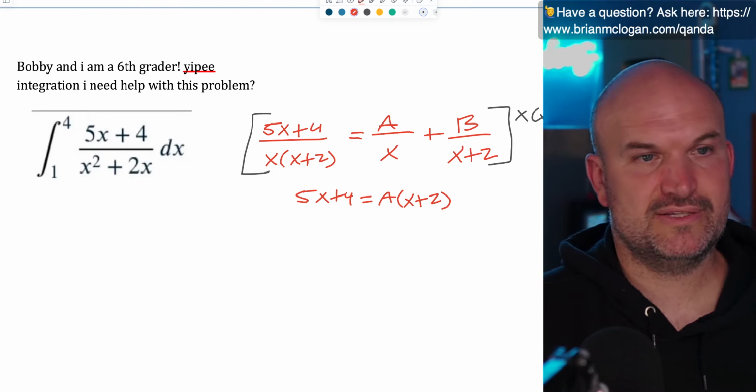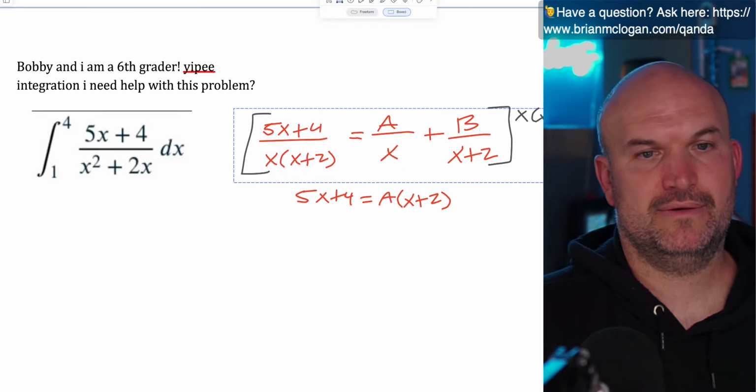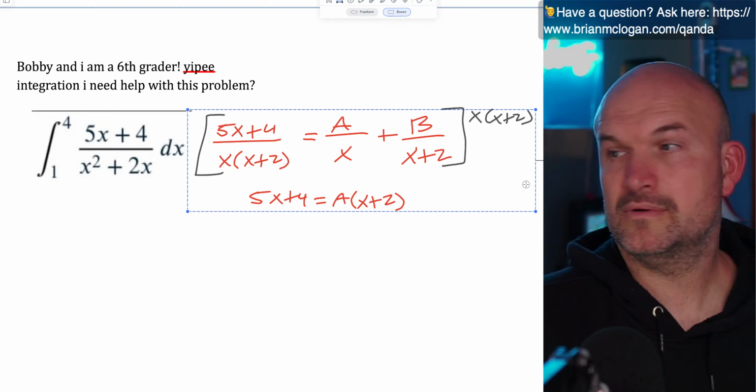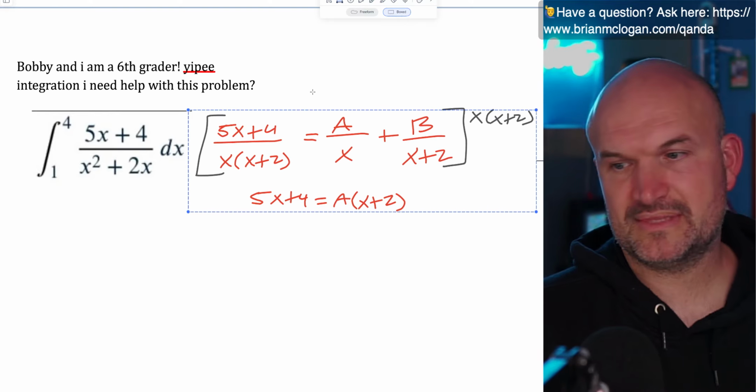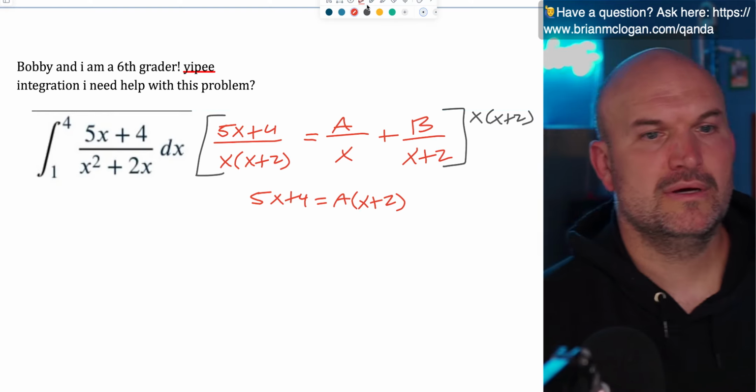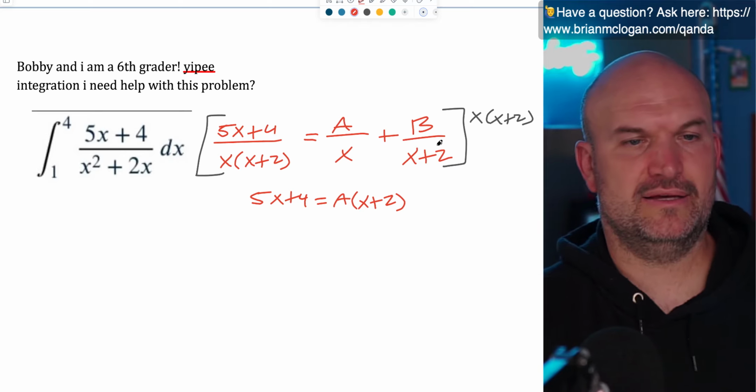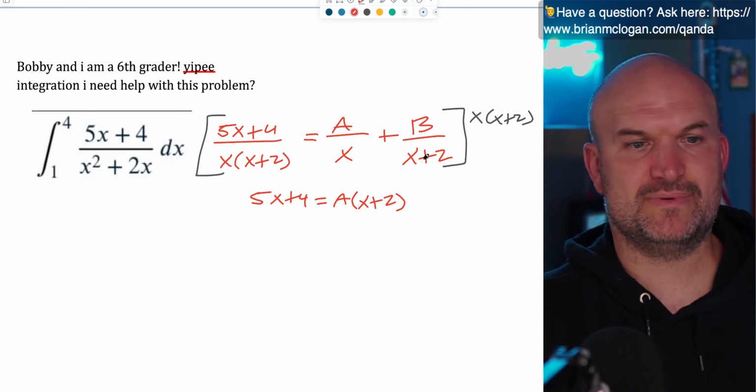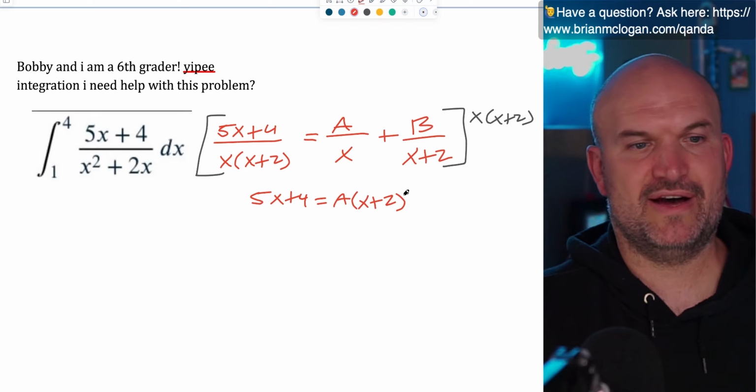And I did run out of space. There you go. And then x times (x + 2) over (x + 2), the (x + 2)s are going to divide out, so that's going to leave me with B times x.